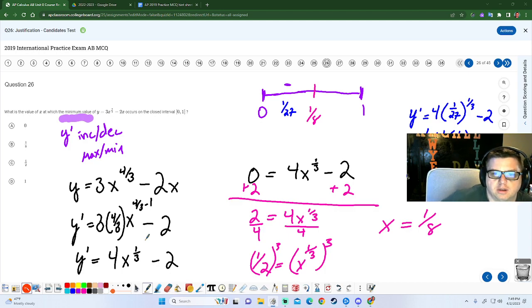What would be a quick number to figure out? And this is assuming that this is a non-calculator question. My guess is it probably could use a calculator and plug something in. But let's just think about it for a second. Let's go with 7/8, okay? And maybe that will get us where we need to go.